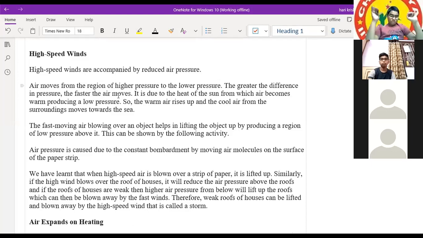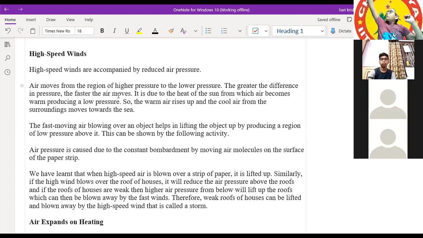Then why is the difference between the air pressure very high in different regions? It is due to uneven heating of the sun onto the different regions. Yes, sir. Uneven heating of the earth. So whenever the air near the regions which are getting more sunlight will get warm easily and rises up. So always warm air rises up.